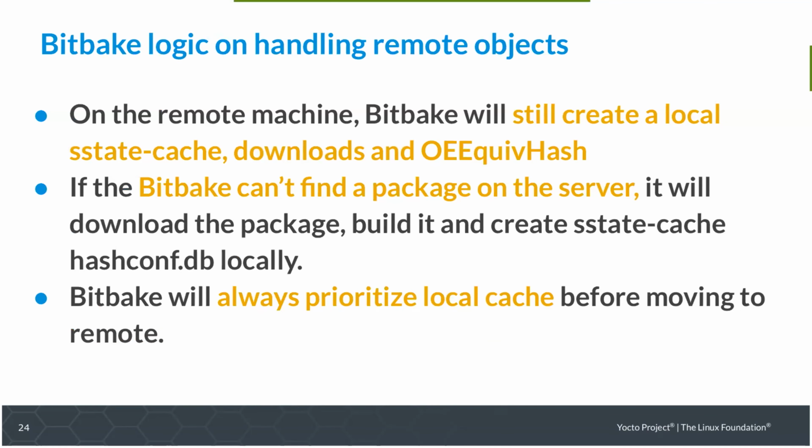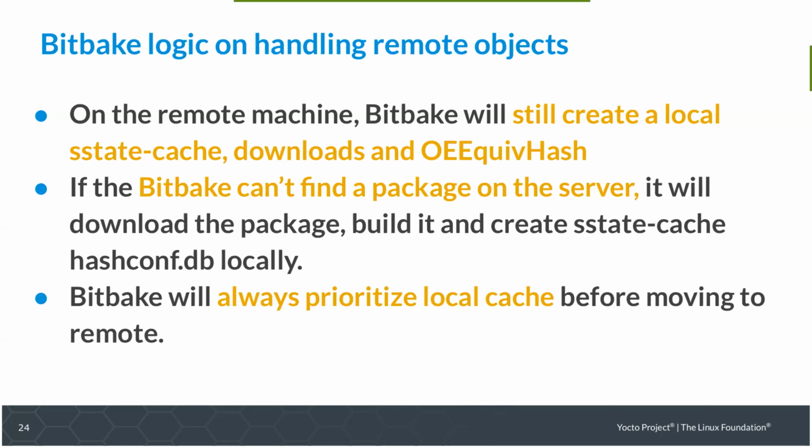Before going to the results, one thing to keep in mind is the logic behind bitbake. Bitbake will always create a local state cache, download, and hash server, even though you set up a mirror, okay?